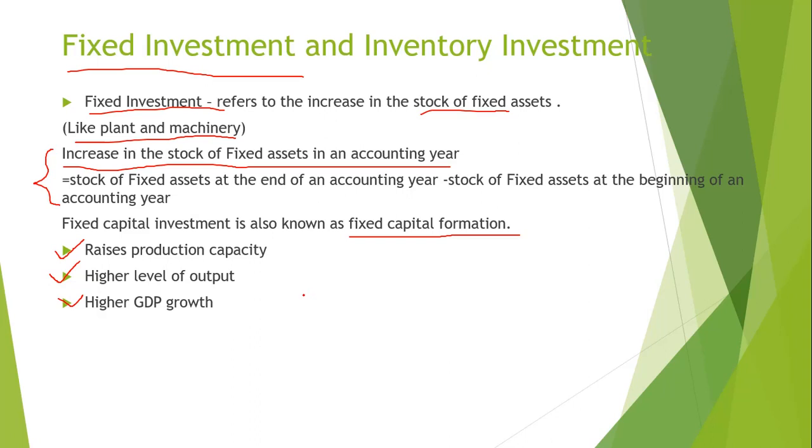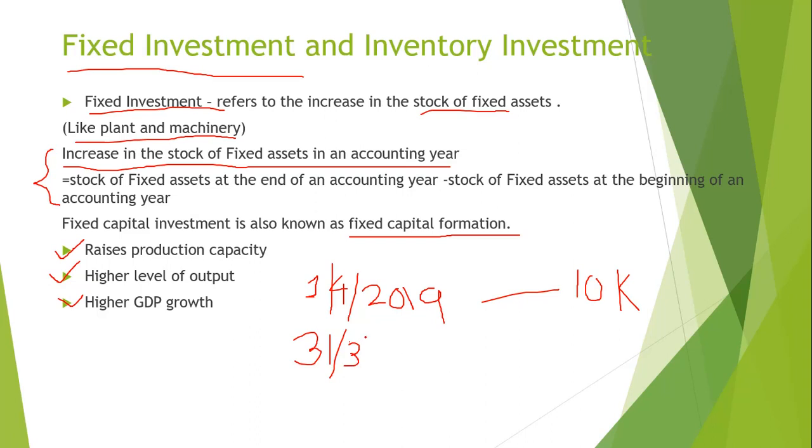Suppose on 31 March 2019 I have 10,000, and at the end, in 2020, I have, suppose, 20,000.